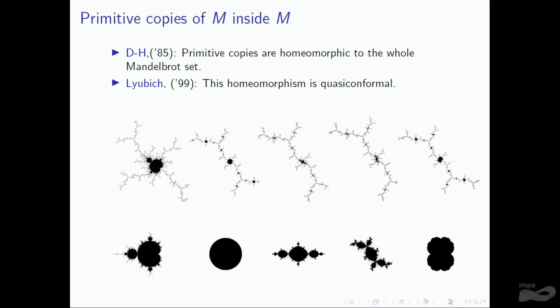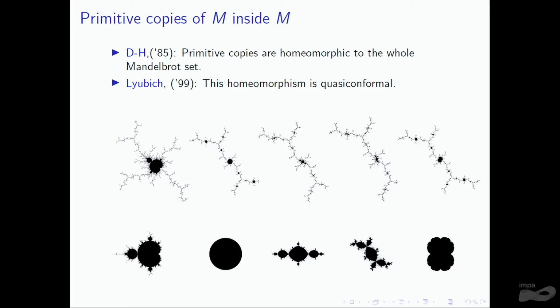Technically, it's a map that is differentiable, in the real sense, at almost every point, and sends infinitesimal circles to the best thing you can send them to if it is not a circle, an infinitesimal ellipse.